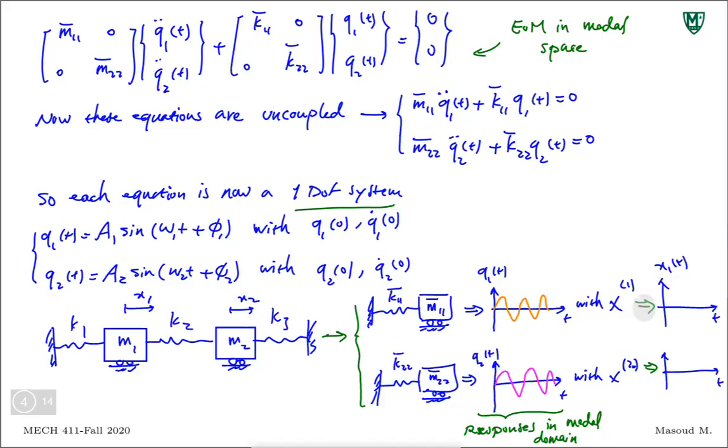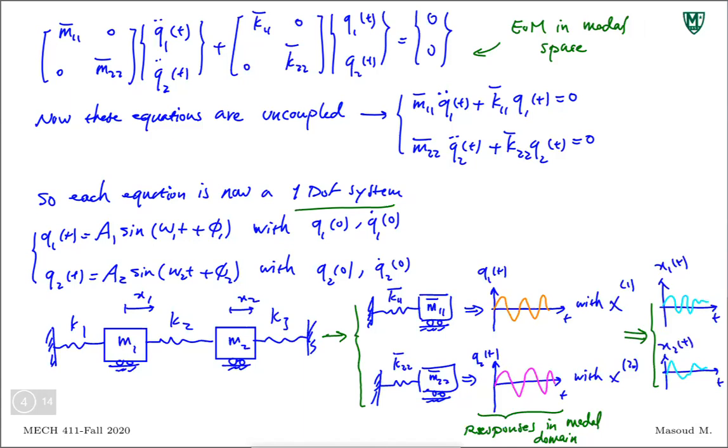Remember, maybe it's confusing, these are not coming from them separately. This is just after you do the multiplication, and then you get these two. You get X1(t), some response, and you get X2(t), some response. So that's the general procedure.